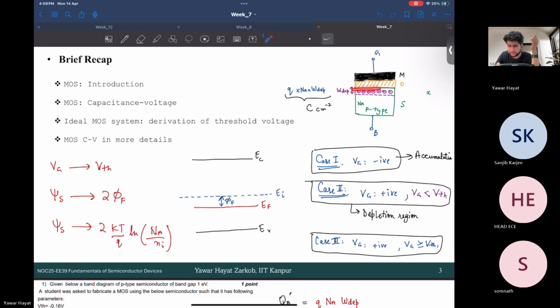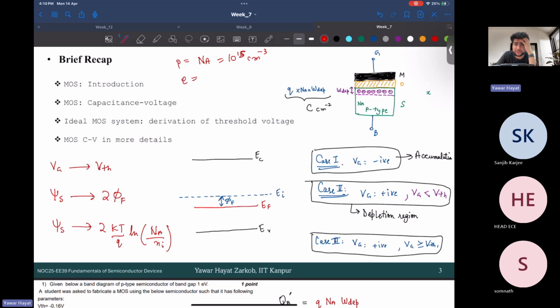So when you increase the gate voltage, the electrons would be drawn, and a point will come when the concentration of the electrons would increase so much that it would be equal to Na. Let me take an example. Suppose Na was 10 to the power 15.